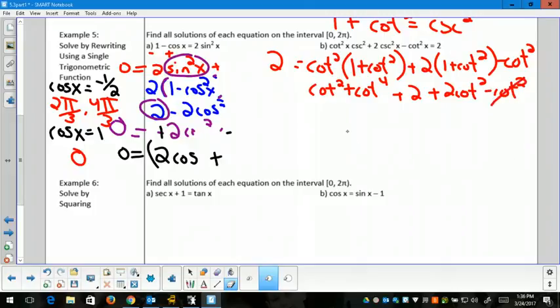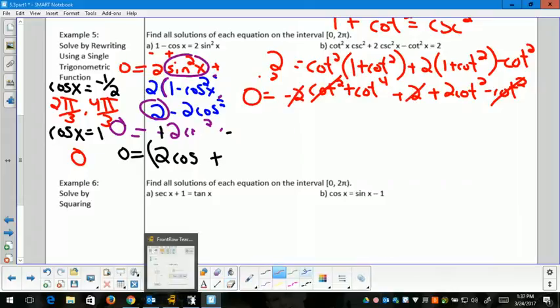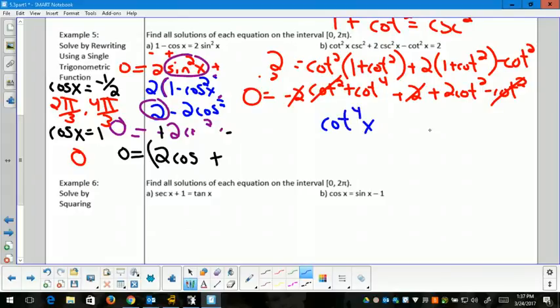Well, here's a negative cotangent squared and a positive cotangent squared, so those are gone. And if I get this equal to 0 by subtracting that 2, the 2's cancel. And I'm left with cotangent to the fourth plus 2 cotangent squared.